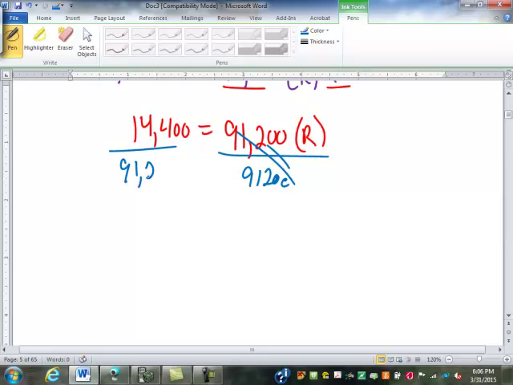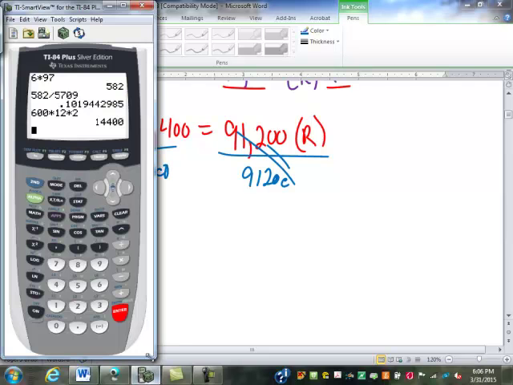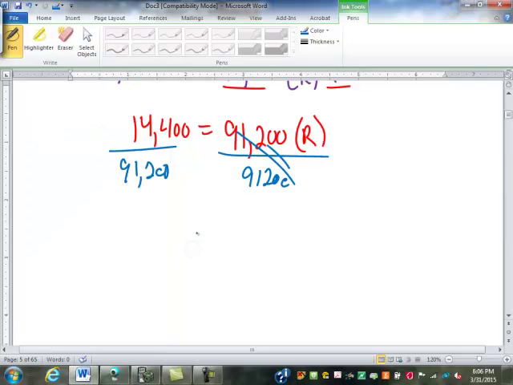Then divide by 91,200. So 14,400 divided by 91,200 is 0.157895. I probably went one more digit than I had to there. Once again, let's say we're going to the nearest 100th percent.